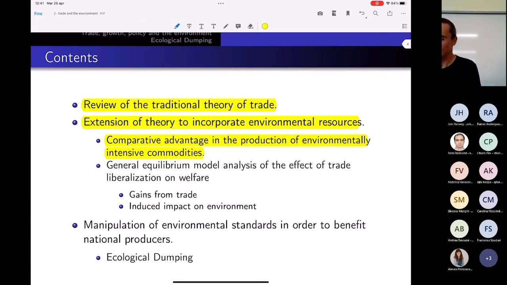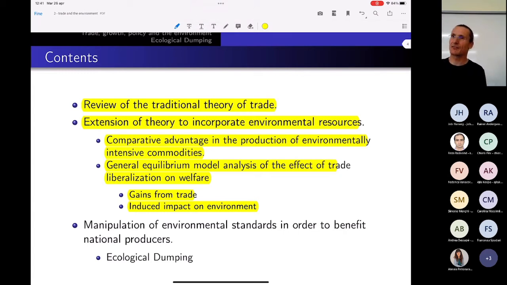Then I will see a general equilibrium model of trade and study effects of trade liberalization on welfare. As I've already mentioned in the introduction, we're going to study in particular two results.